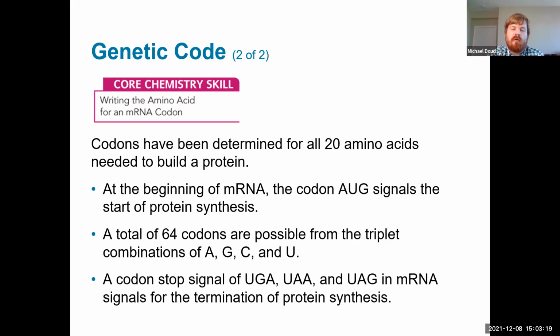So that gives you 64, as you know. And then we have stop signals at UGA, UAA, UAG to tell us that protein synthesis has ended. So this gives you your start, then however many amino acids are in the polypeptide, and then the end. Both of those are important, right? If you didn't finish when you need to finish, or didn't start when you need to start, you're not going to have the right protein.